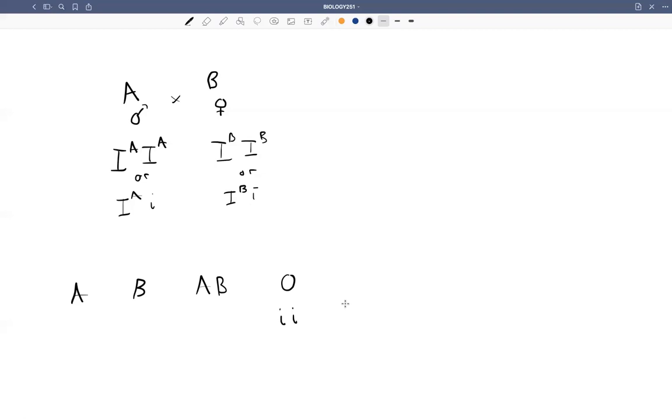When I write a question like this, I'm basically giving you a new piece of information to narrow down the genotype possibilities. So we know based on that information that dad has to be heterozygous and mom has to be heterozygous. So the only way for them to have type A blood and type B blood respectively, and to have a child who has type O blood, is for them to be heterozygous. Those are their genotypes.